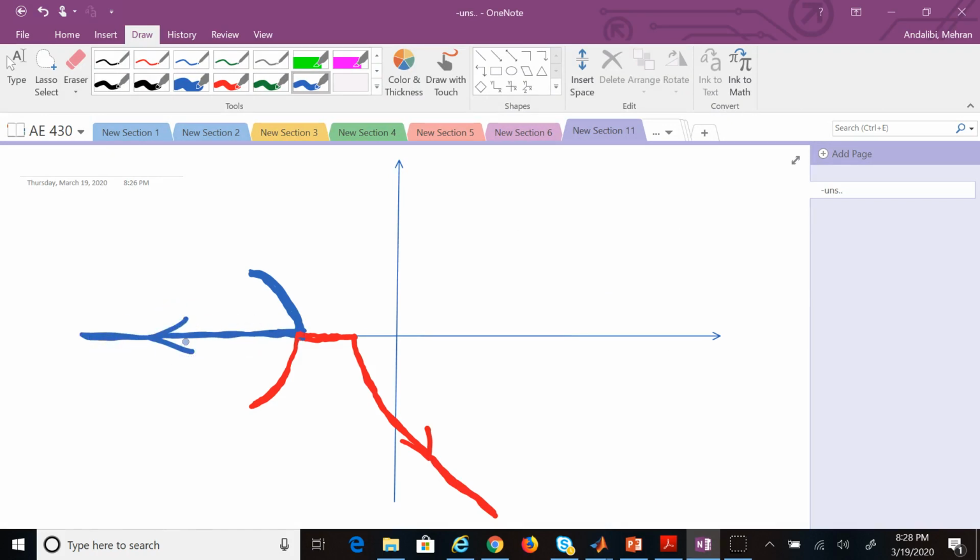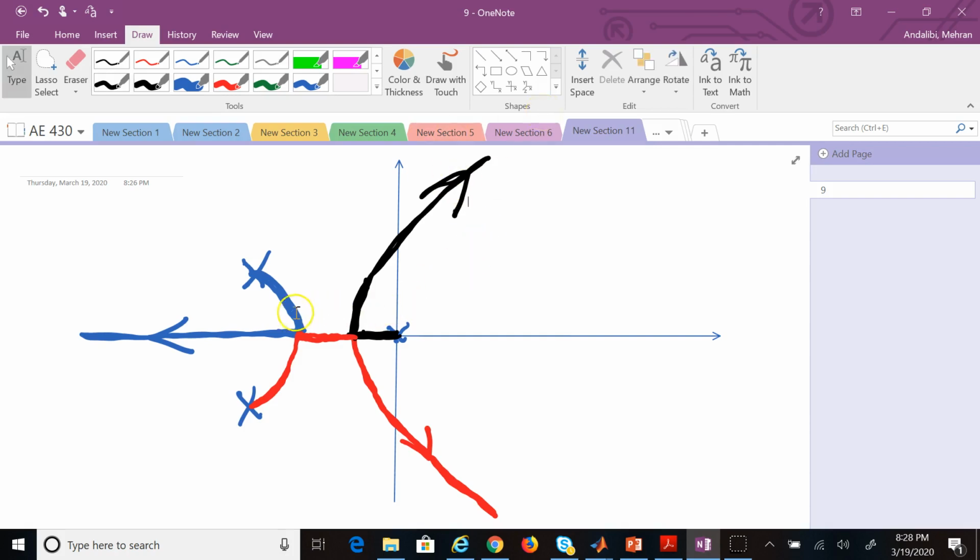That is the other one, the green one. And the last one, if I draw it in black, starts from this point and goes to the opposite asymptote. So these are the three branches of the root locus.